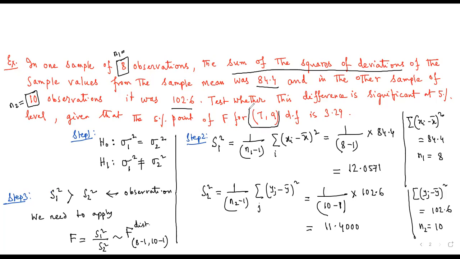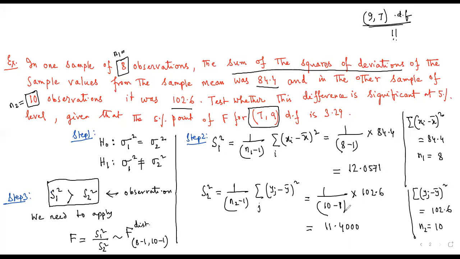That's why the tabulated value for 7, 9 degrees of freedom is needed. If you make a mistake here, you may get the tabulated value of F at 9, 7 degrees of freedom, which is also available, but this will not work because we are testing at 7, 9 degrees of freedom. This is the deciding factor.